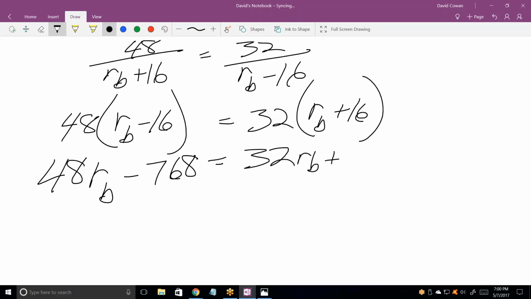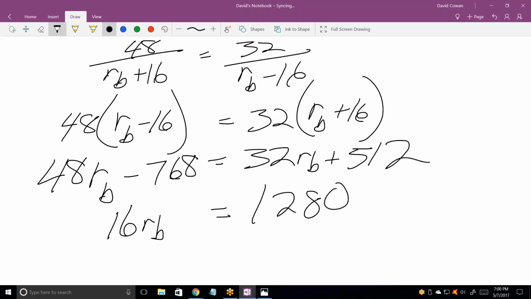What's 32 times 16? 32 times 16 is 512. Alright. Now if I move my r sub b's to the left, I have 16 r sub b's equals 1280. This looks familiar.